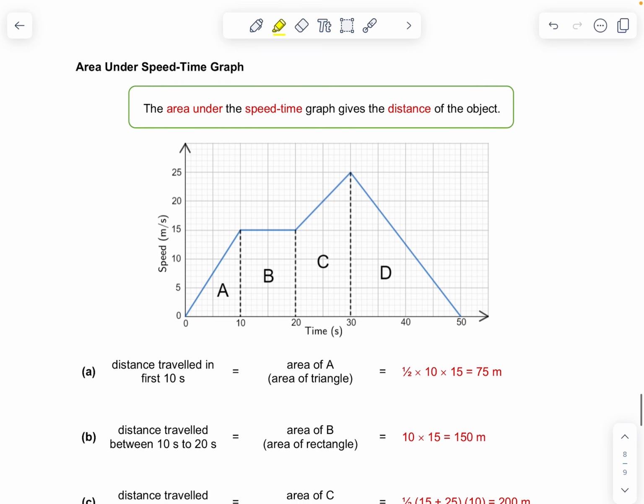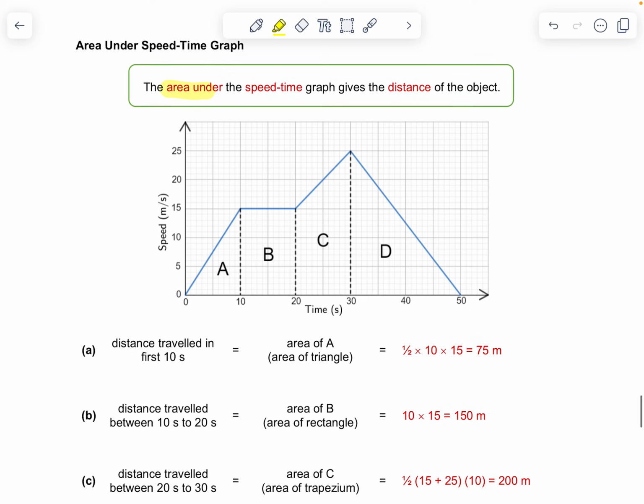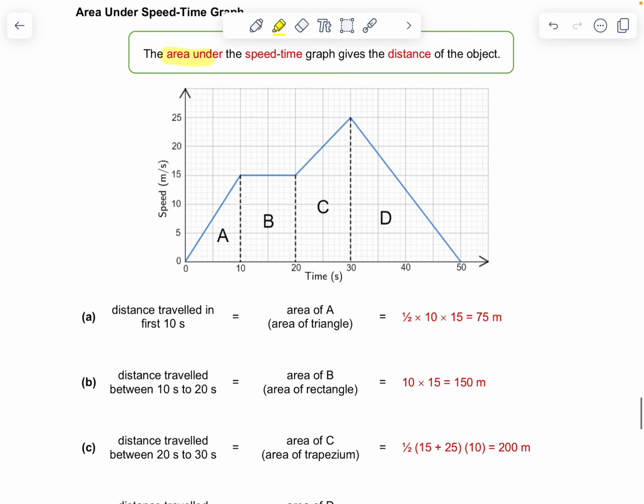Next, the area under the speed time graph will give you the distance traveled by the object. So now you have a speed time graph here. If I want to find the distance traveled in the first 10 seconds, I just need to find the area under the graph here, which will give me the answer.